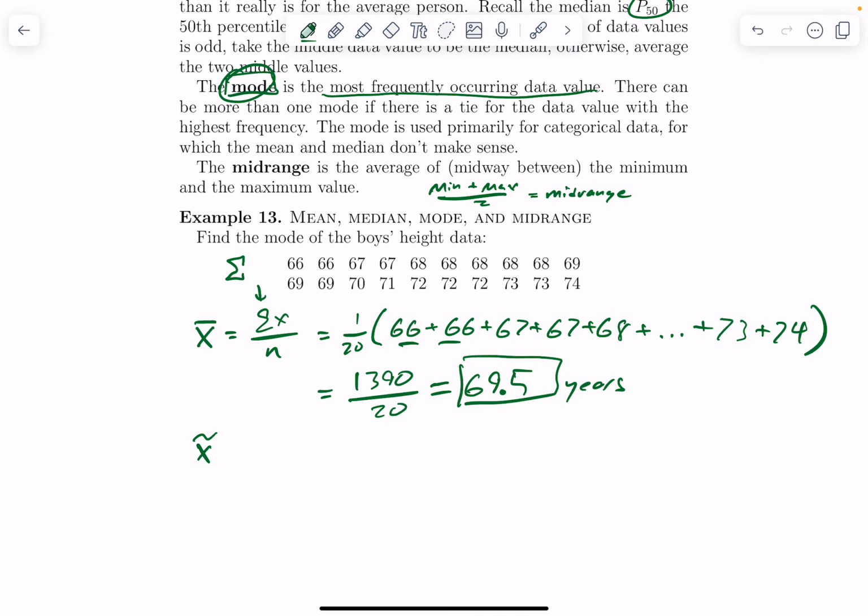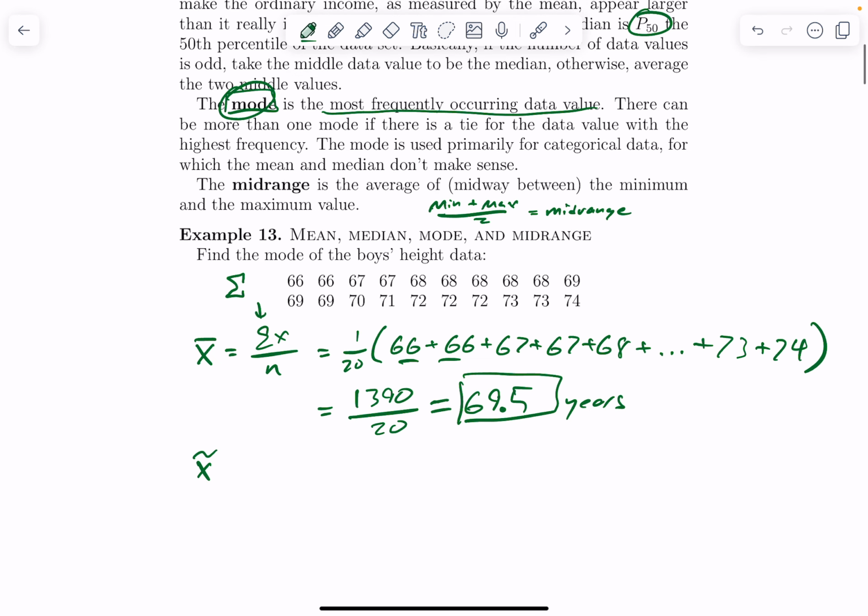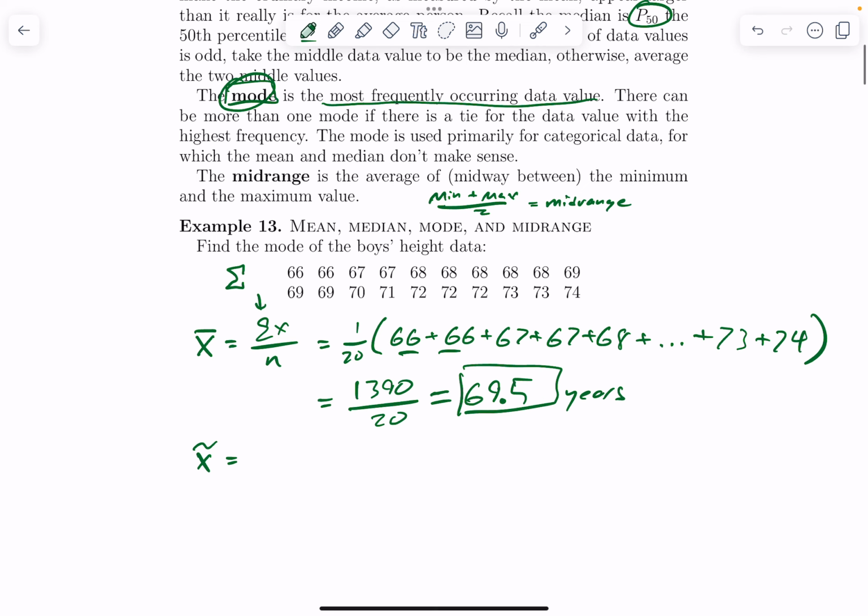Okay, now the median, which is sometimes indicated by x tilde, is just going to be the center of the data, the middle of the data. I've got 20 data points, so I'm going to take the two middle points, which is this one and this one. There's 9 on that side, 9 on this side, and 9 on the other side.